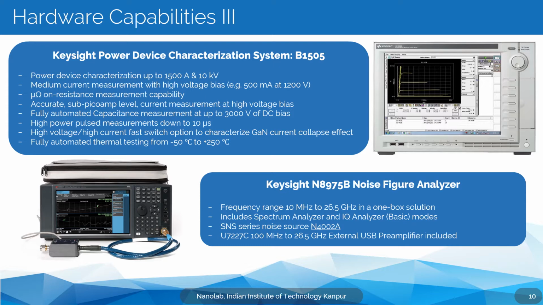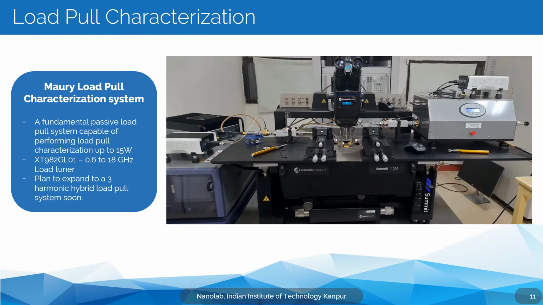Then we also have a noise figure analyzer from Keysight, the N8975B, which goes up to 26.5 gigahertz. And we have a state-of-the-art passive load pull system from Mori, which we plan to expand in the near future to a complete 3-harmonic hybrid load pull system.